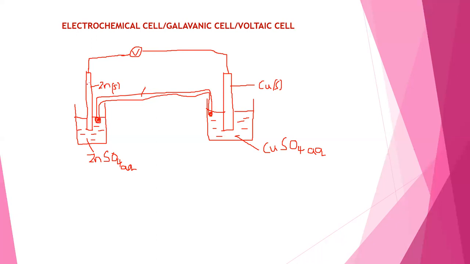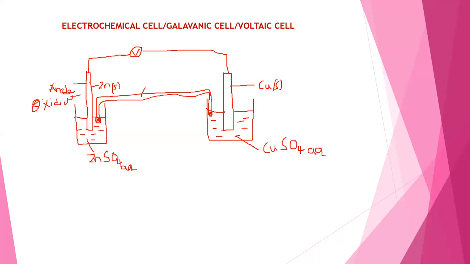What you should also know is that on this side, on your left-hand side, there is what is called oxidation. The oxidation takes place there, and oxidation always takes place in the anode electrode. Therefore, this one will be the anode, where the oxidation is taking place.